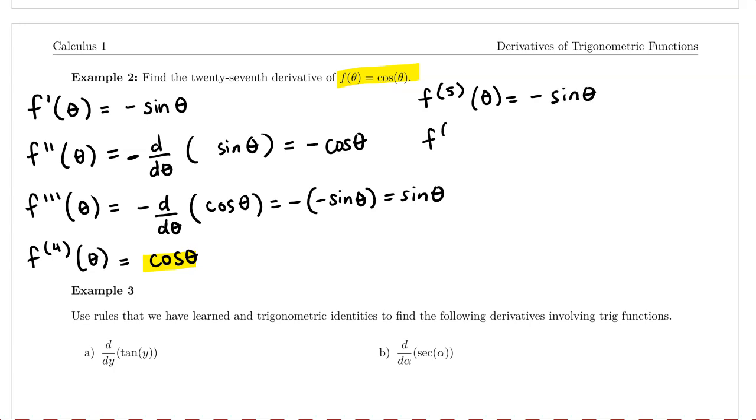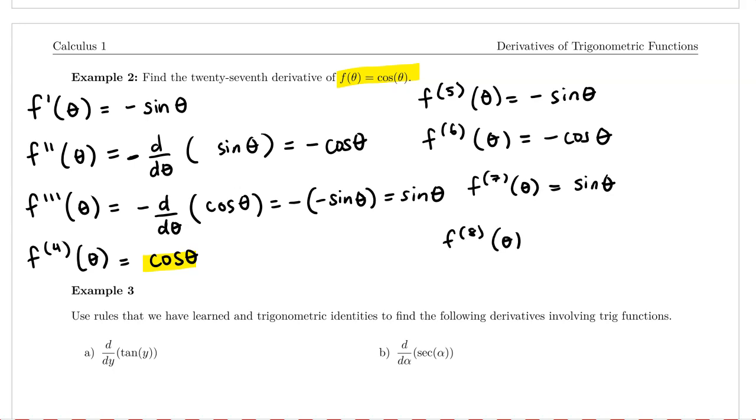And you'll see what happens is we just get a pattern here, because if I take the derivative of negative sine of theta, we've already done that in the second derivative. So we get negative cosine of theta. And then the seventh derivative, we get sine of theta. And then the eighth derivative, we get cosine of theta again.